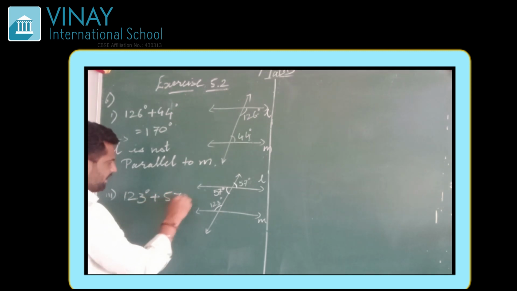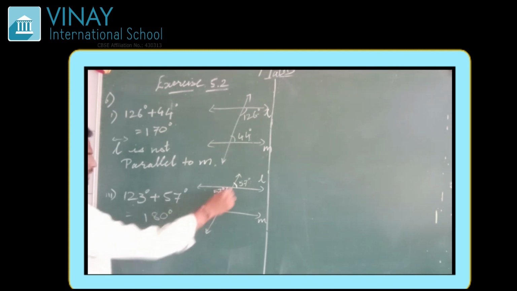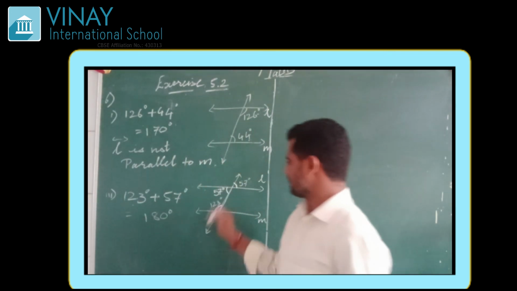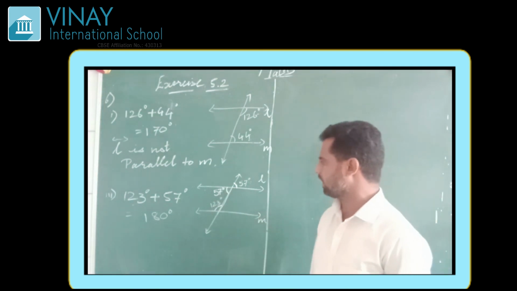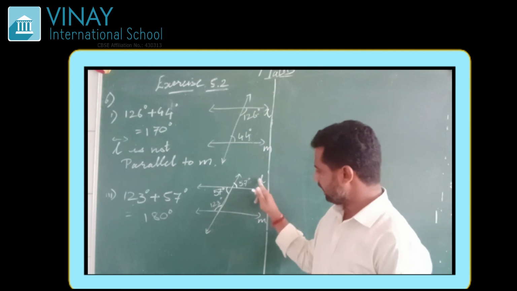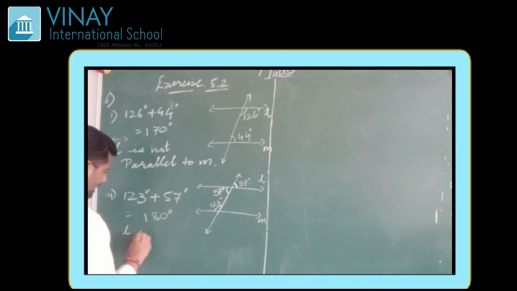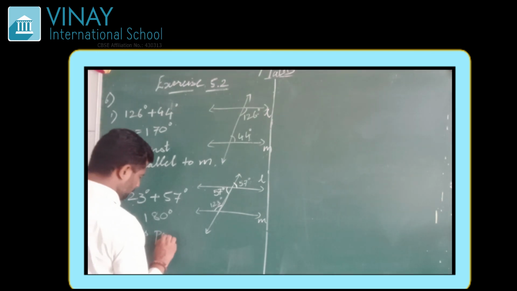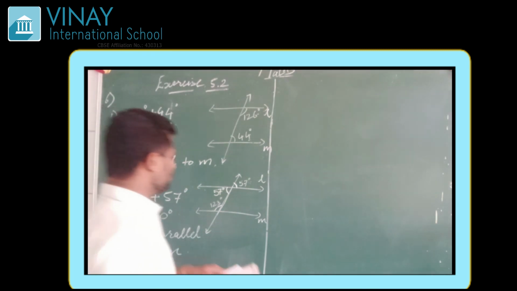Adding 57 degrees, this will be 180 degrees. It means they are supplementary, and we know that if the interior angles on the same side of the transversal are supplementary, the lines are parallel. So we can say that L is parallel to M.